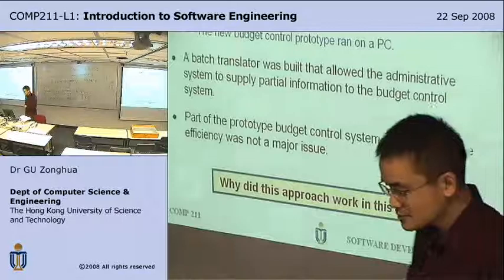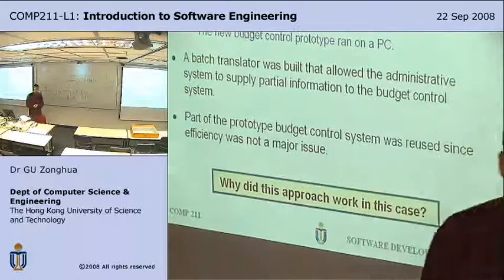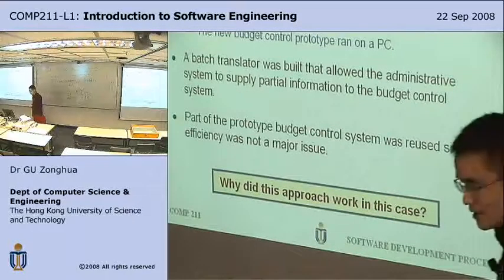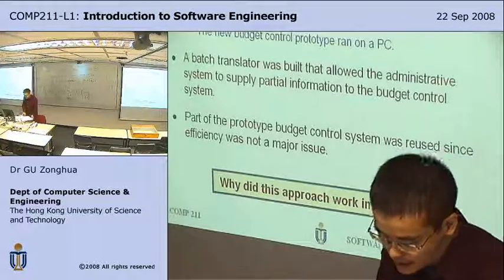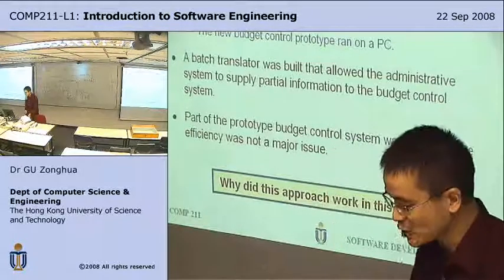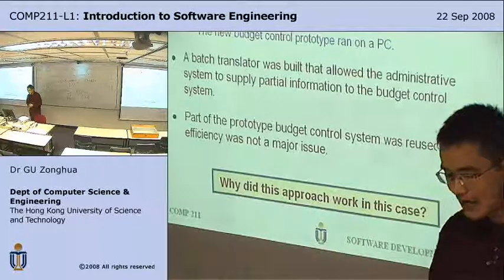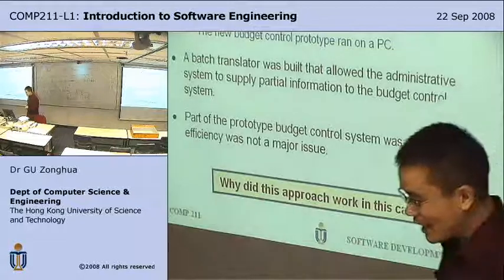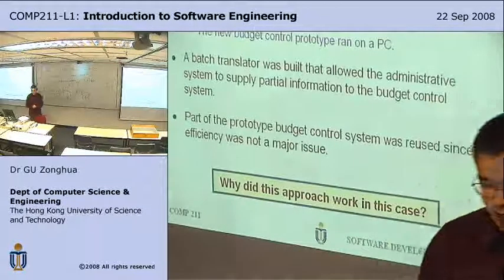It has elements of a spiral process because you have risk analysis. It has elements of the incremental and iterative phased process, because you're adding new parts at each phase. So it's really a hybrid approach.